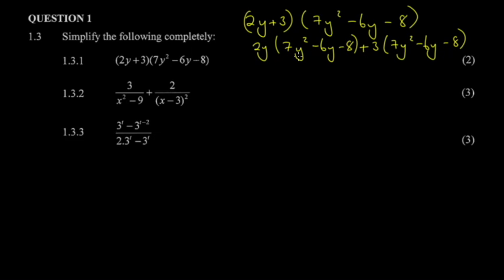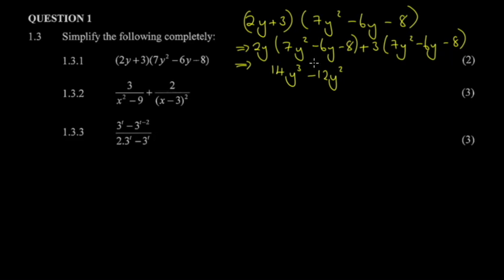Now expand. So 2y times 7y squared, you get 2 times 7, you get 14y cubed. For this part it would be negative 12y squared, since 2 times negative 6 gives negative 12.